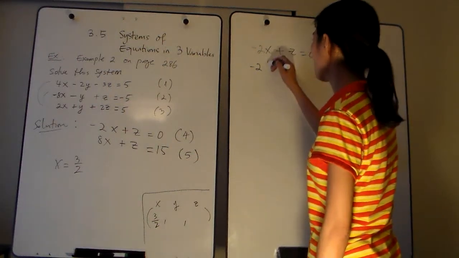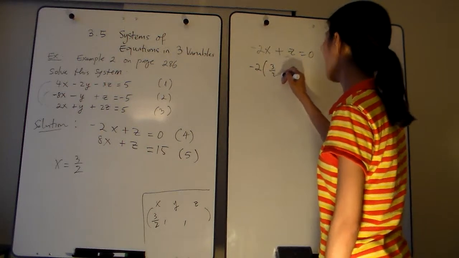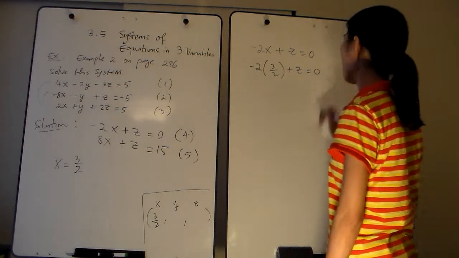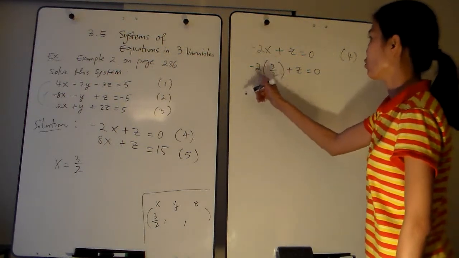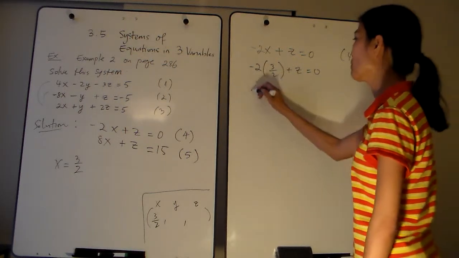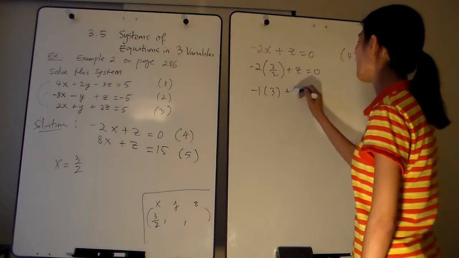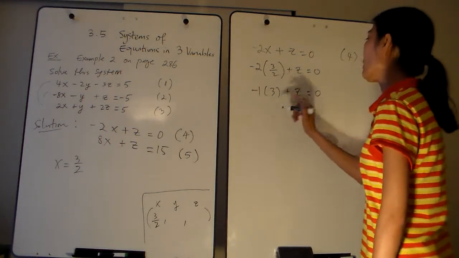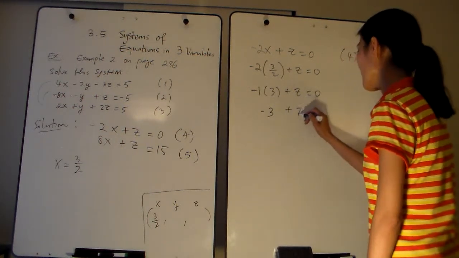So -2 times x, which is 3/2, plus z equal to 0. Simplify. -2 in the numerator, divided by 2 in the denominator, becomes -1 times 3 plus z equal to 0. -1 times 3 is -3 plus z equal to 0.